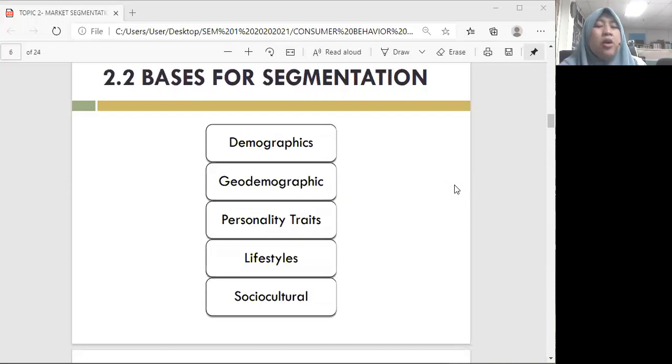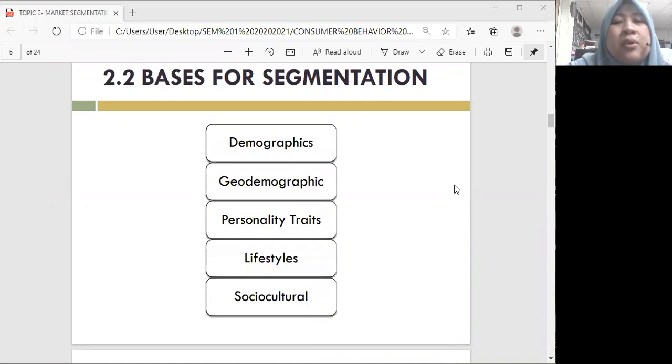Let's say your lifestyle is hiking, so of course you buy the boots, the shoes, a jacket, everything related to your camping bag, everything in the package, because your lifestyle is being segmented like that. And for the sociocultural, we are talking about how you can rely on the culture itself.